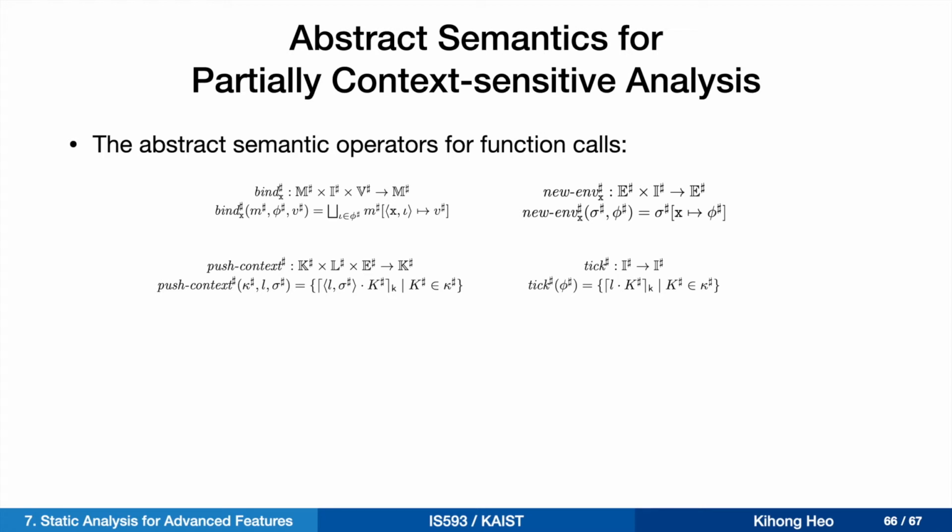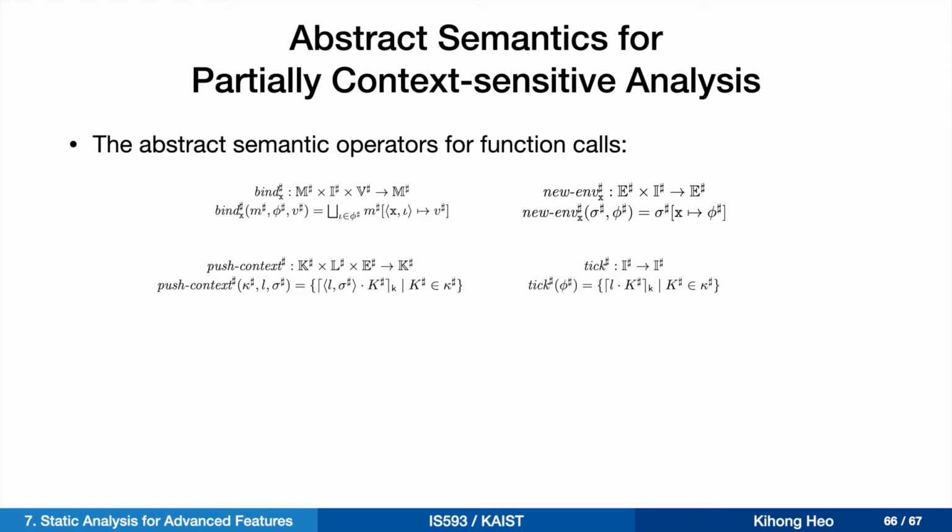It will push a new element to the continuation, but it will only keep the latest k elements and cut out the remainder. That is our design of partially context sensitive analysis with topmost k context, right? It will maintain only length k context.